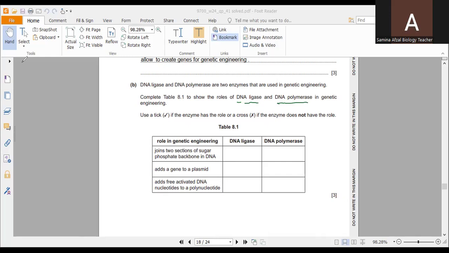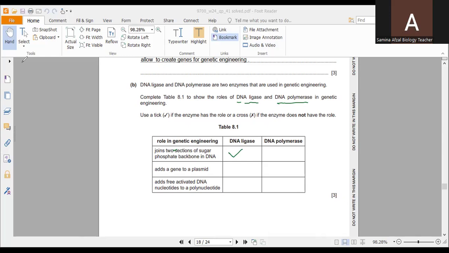One enzyme's role in genetic engineering is that it joins two sections of the sugar phosphate backbone in DNA. So it is DNA ligase, which acts as a glue.